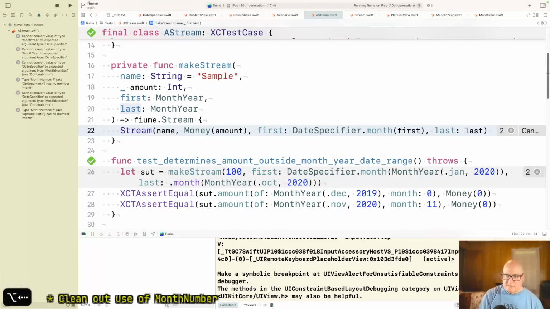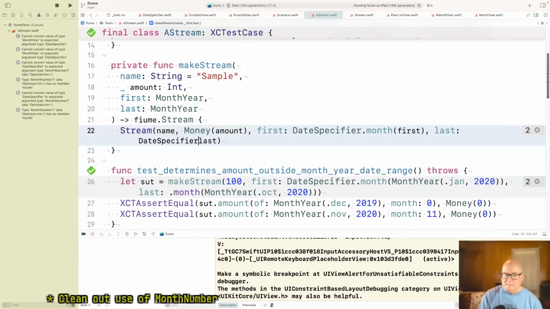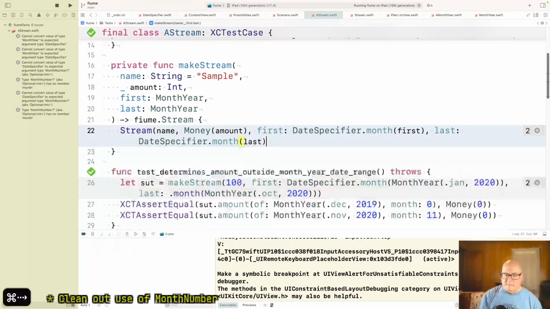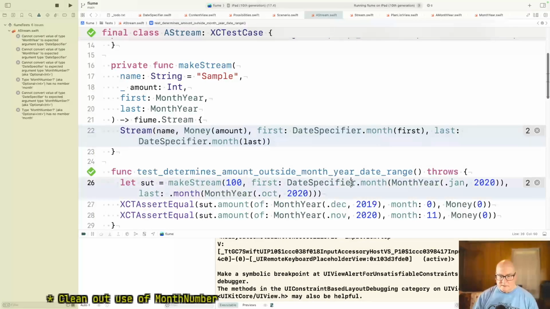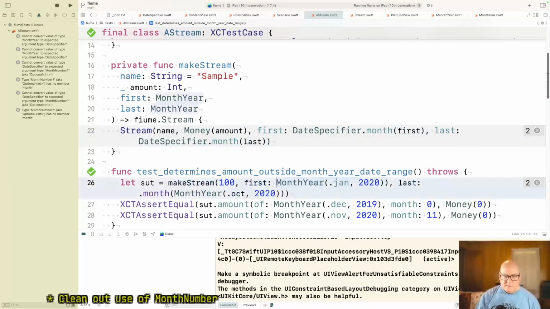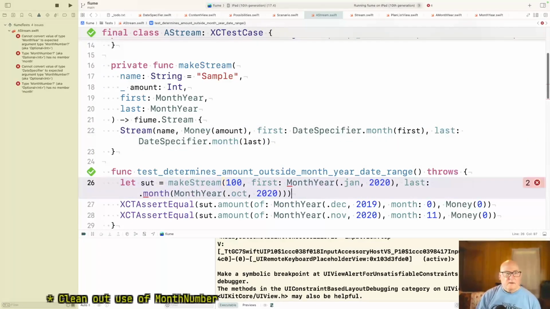And same for this one. Okay, so that takes out this. And this.